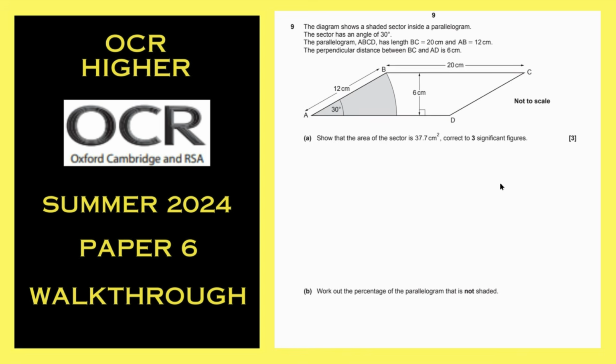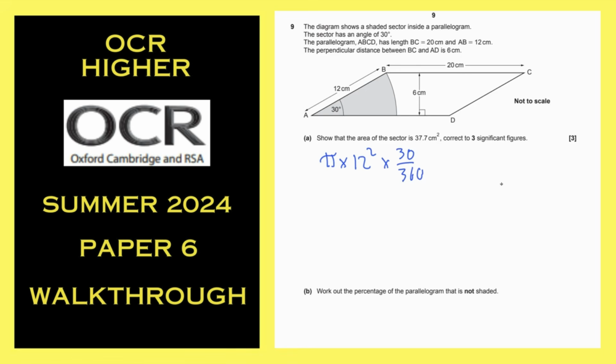Number 9. Show that the area of the sector. So it's kind of saying, don't worry about the parallelogram just yet. Do the area of the sector. Area of a sector is pi times the radius squared, because that's the formula for a circle, and it's multiplied by the angle out of 360.